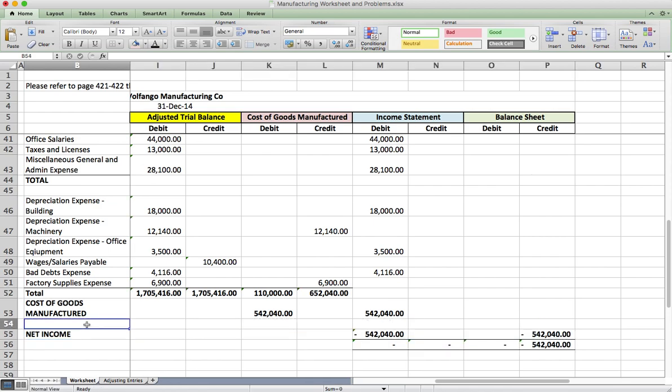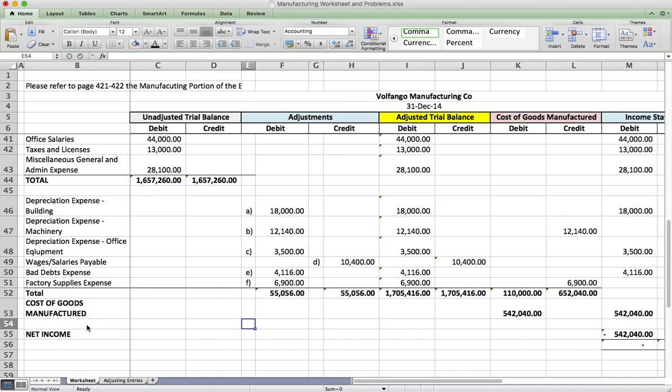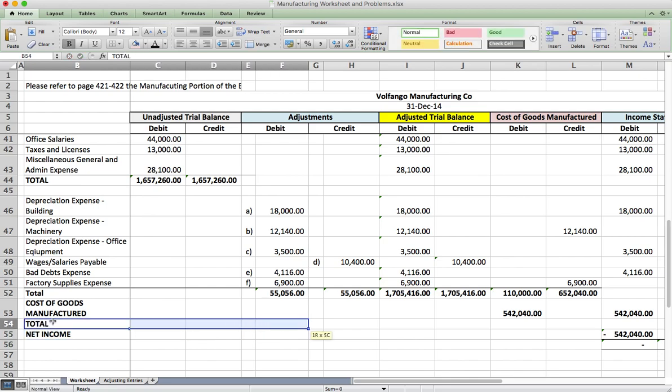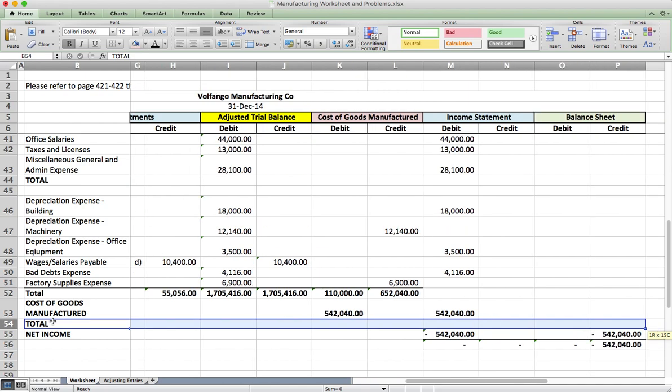Ayan. O, gawa tayong total dito. Dito na lang. Total ulit. Dito lang tayo mag-start.